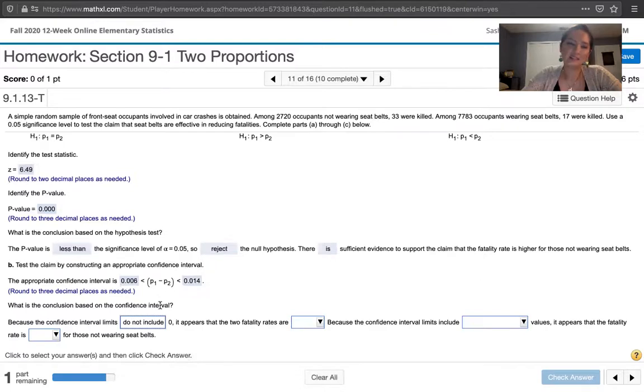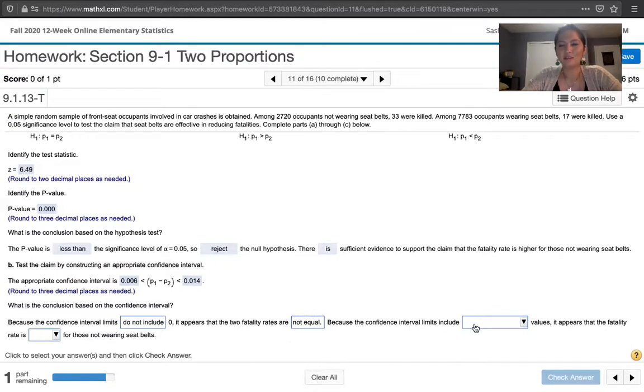Since it doesn't include 0, it's not including that value P1 minus P2 equals 0 from the null hypothesis. So that is telling us that we have evidence that suggests that P1 and P2 are not equal to each other. So it appears that the two fatality rates are not equal.